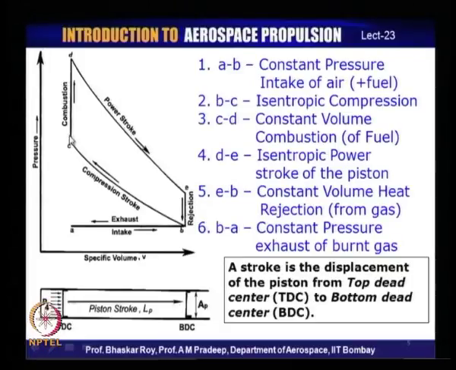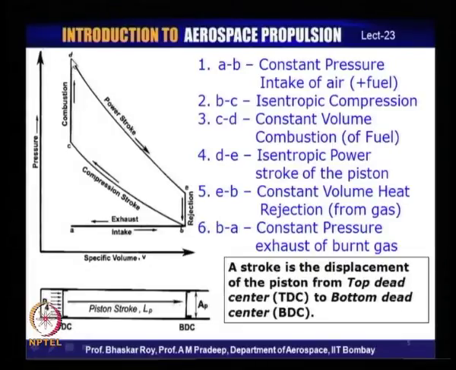Now, this is combustion. This occurs under a constant volume process, during which, as you can see in the PV diagram, there is no change of volume envisaged in the ideal cycle, and as a result the combustion is expected to occur in a constant volume combustion process.